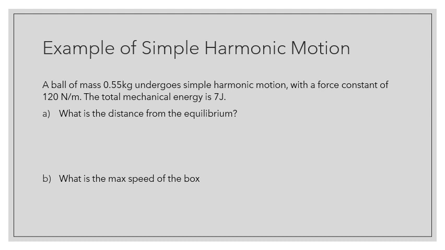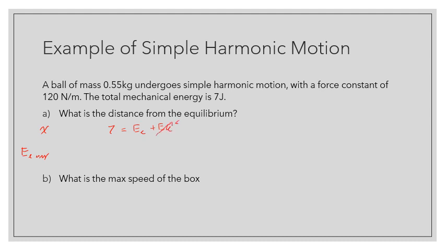In order to find x, we need to look at it when Ee is max. We know that the total mechanical energy is 7 joules. That means 7 joules is equal to the kinetic energy plus the elastic energy, so Ee plus Ek is equal to 7.